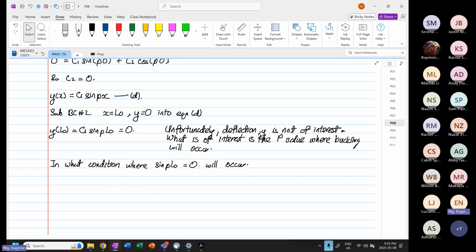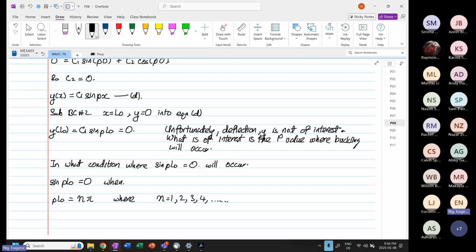Sine of 3 pi will also be equal to 0. So sine PL0 will be equal to 0 when PL0 is equal to n pi, where n can be equal to 1, 2, 3, 4, and so on.